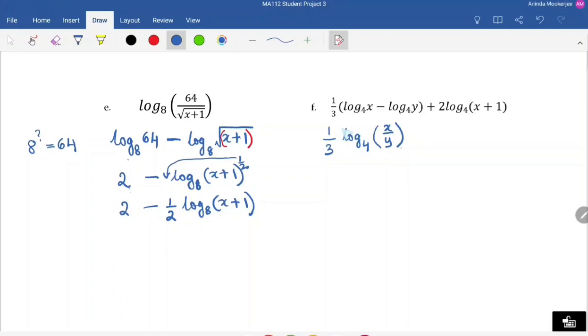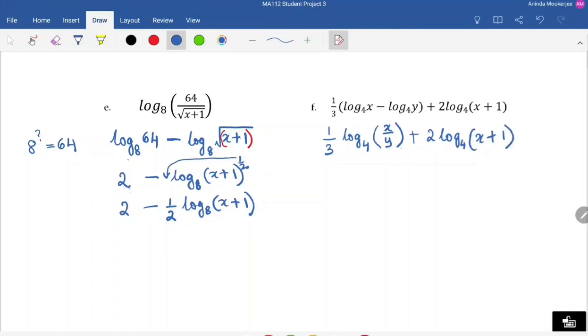All right, so we got 1/3 times log base 4 of x divided by y. And then plus, I'm going to keep this expression as is, log base 4 of x plus 1.